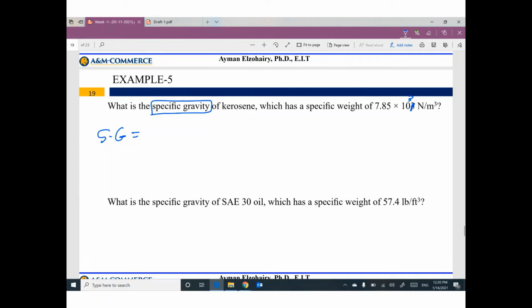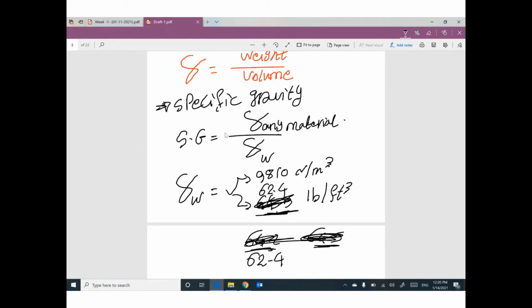Specific gravity for any liquid or any material equals gamma of this material divided by gamma of water.